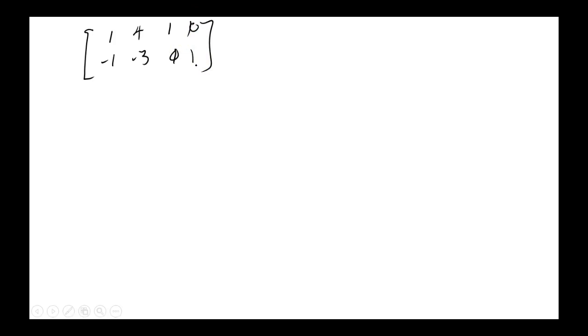Now do your Gaussian elimination as you're going. And as you do, this becomes the identity matrix. And what this becomes is your inverse. That's the technique we're going to be using. Okay? So you row reduce this, and you wind up with the identity matrix transforming to become the inverse matrix.